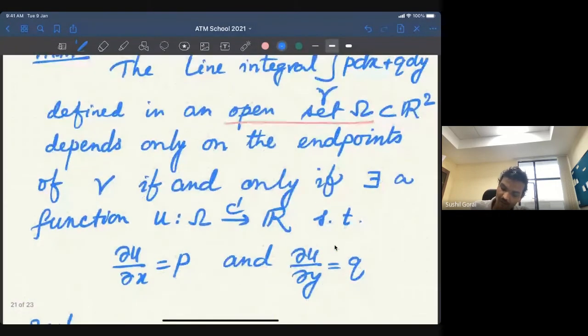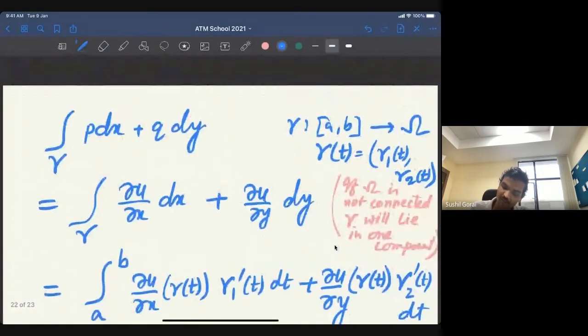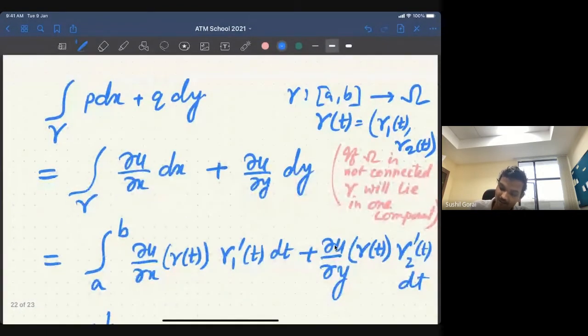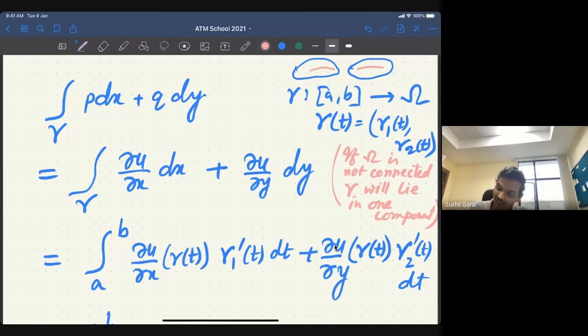The point is, see here, this gamma, if it is not connected, suppose omega is like this. So the question is whether half the portion of gamma lies here and half lies here, right? Then there might be a problem. So it cannot be, right? Gamma is continuous and AB is connected. Exactly, this cannot be, and hence you have no problem.